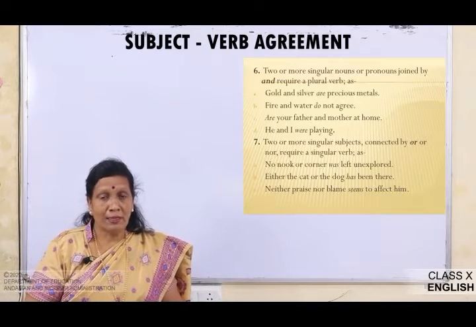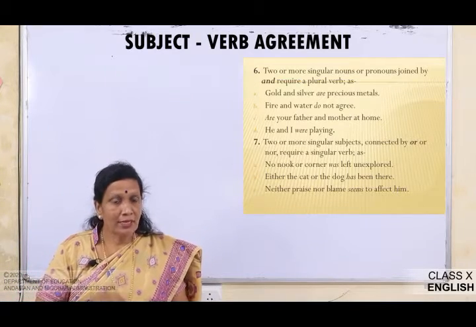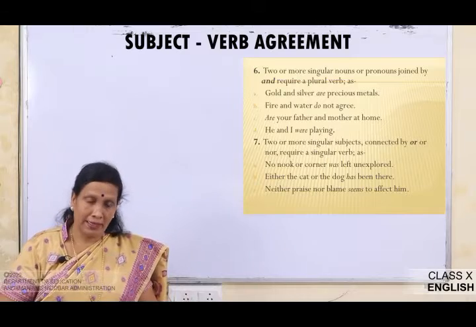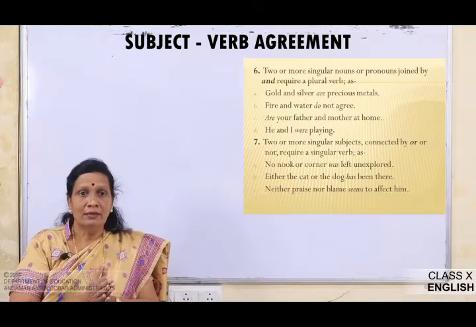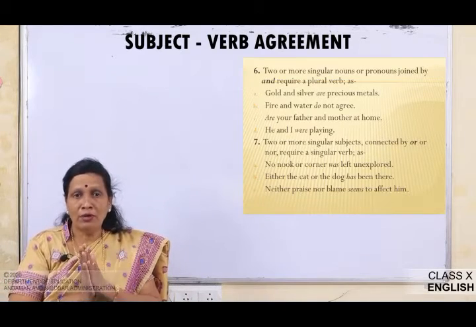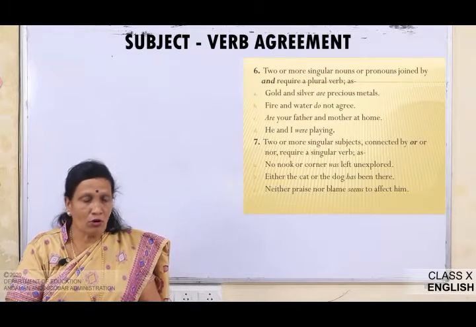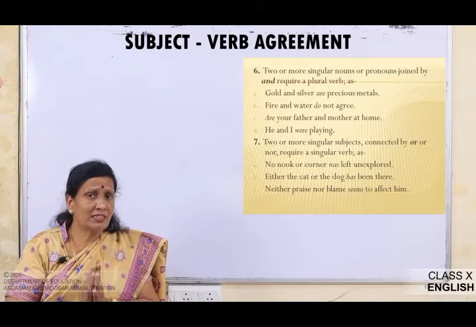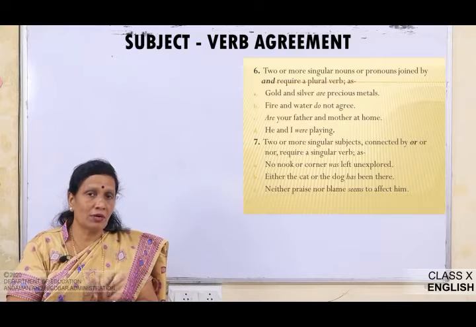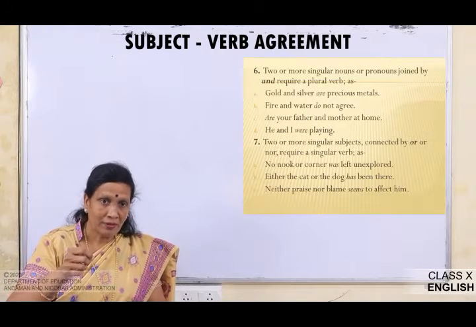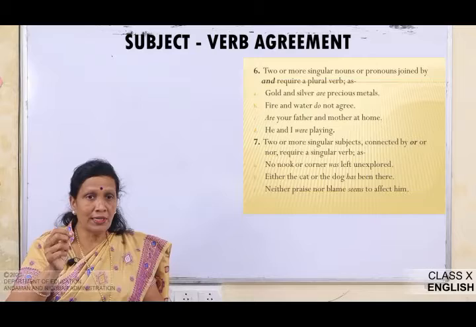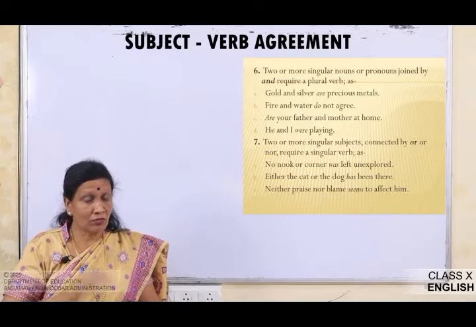Are your father and mother at home? He and I were playing. Children, here two or more singular nouns or pronouns, when they are joined with the connector or conjunction and, we use the plural verb. The verb is plural.